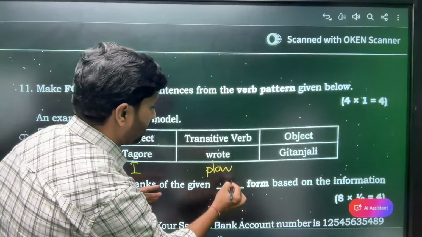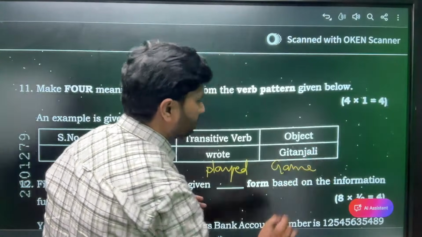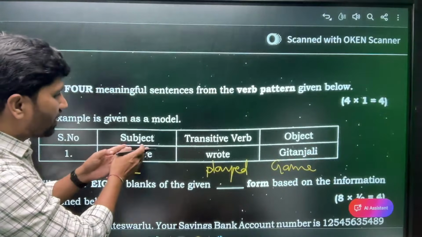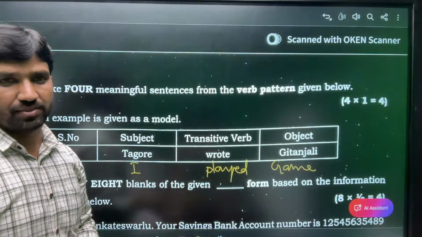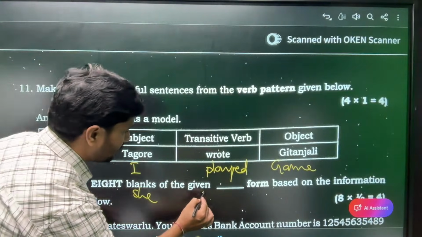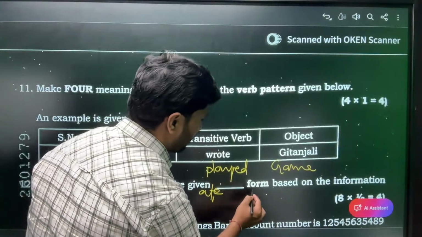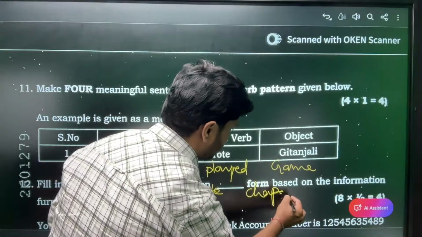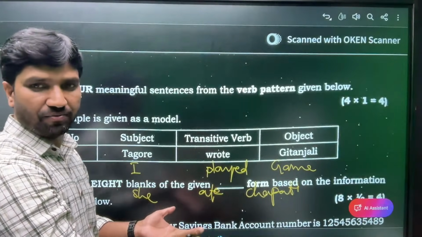I played games. What did Tagore do? He wrote Gitanjali. What did you do? I played games. And she ate chapati, for example. She ate chapati. See what she has done? She ate chapati. The same word.